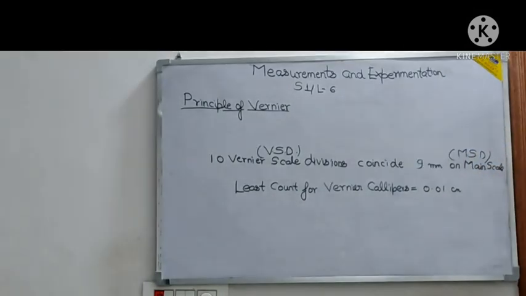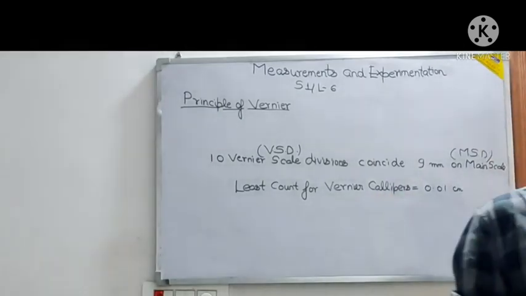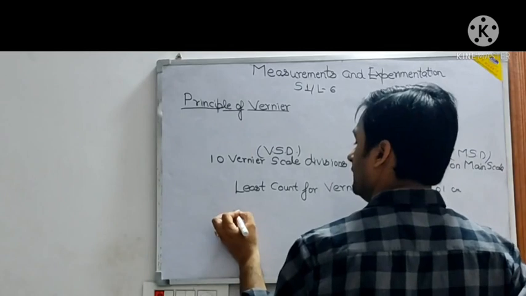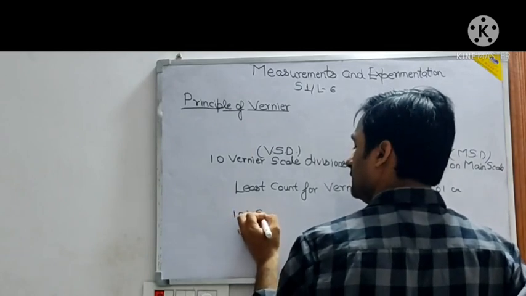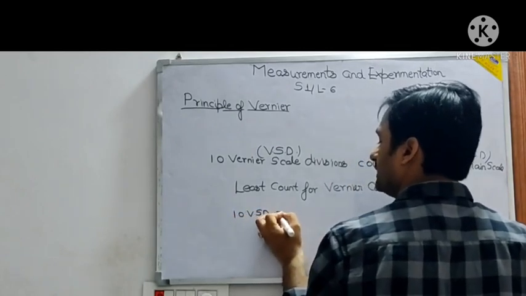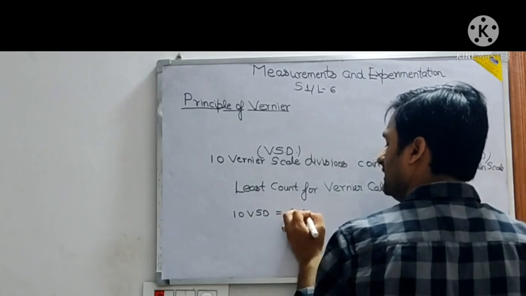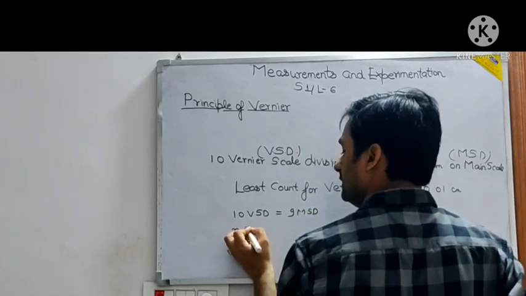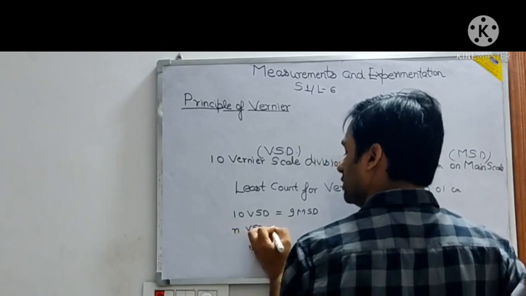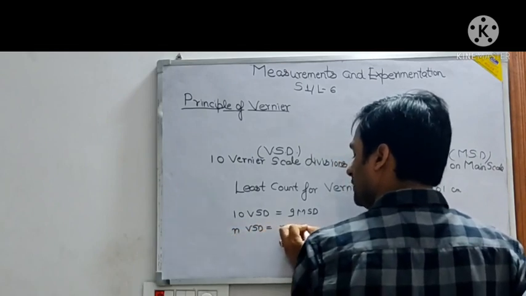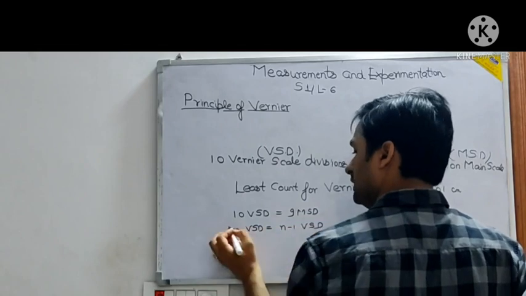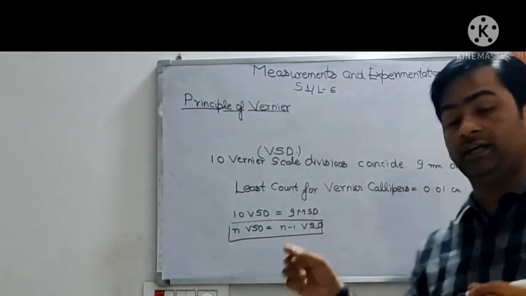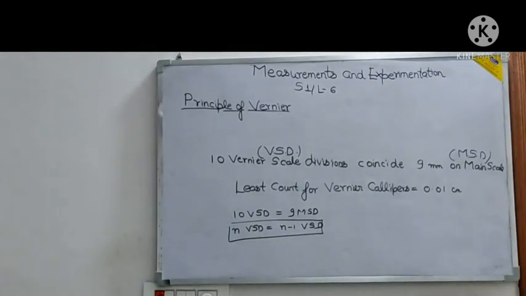In fact, children, this only is the principle of vernier calipers, that since 10 VSD coincide with 9 MSD, can we say that N VSD is equal to N minus 1 MSD. So this only is the principle.